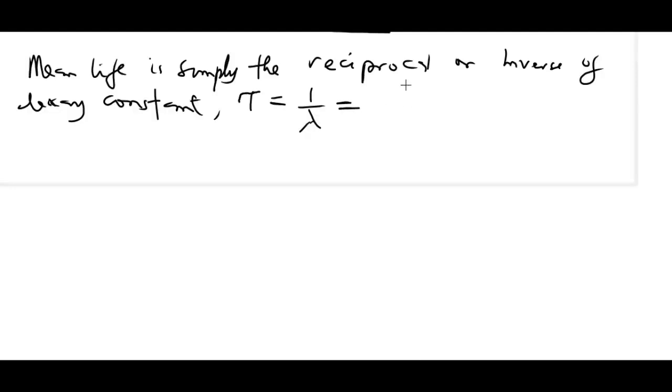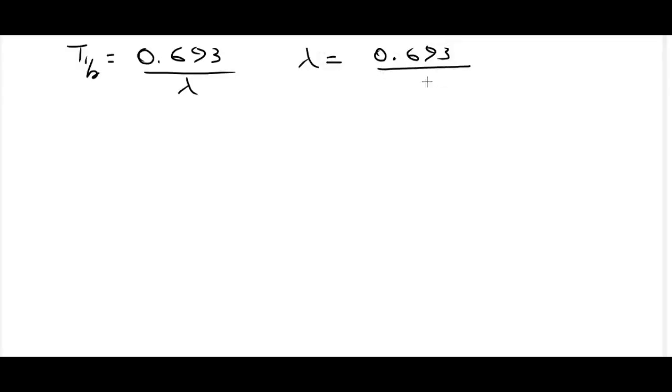And if it is 1 over lambda, it shows that it will be half-life over 0.693. So in conclusion, we have half-life to be 0.693 over lambda, and we have lambda to be 0.693 over half-life, and we have mean life to be 1 over lambda, which is the same thing as half-life over 0.693. So depending on what the question requires of you, you can deploy any of these formulas.